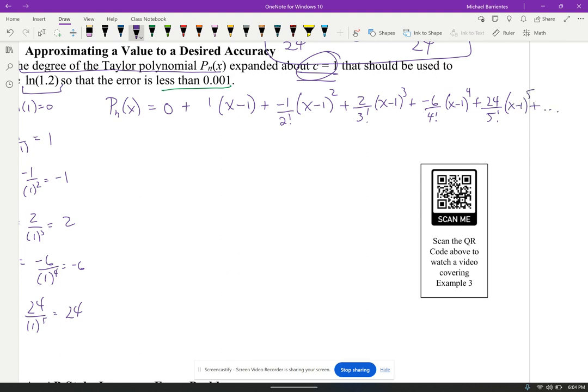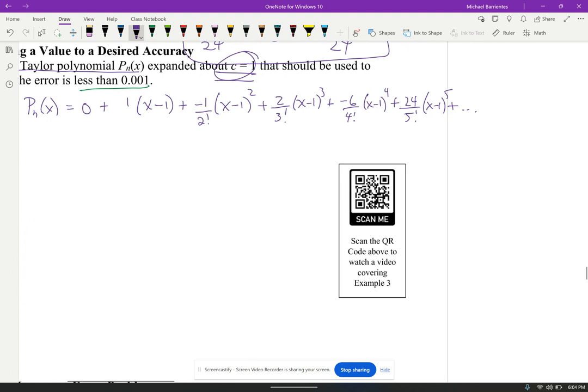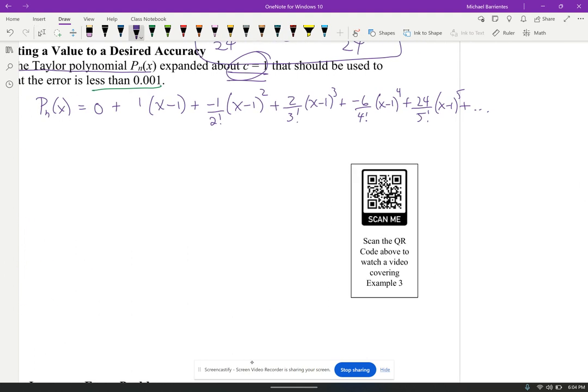Now, this will continue to go on up to the nth term. Let's see if we can figure out a formula for the nth term. It would be x minus 1 to the nth, right? Because my exponents are just increasing by 1. And then I notice that this factorial in the denominator is the same number as my power, so this would be over n factorial.